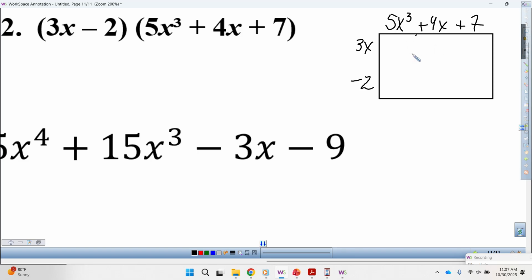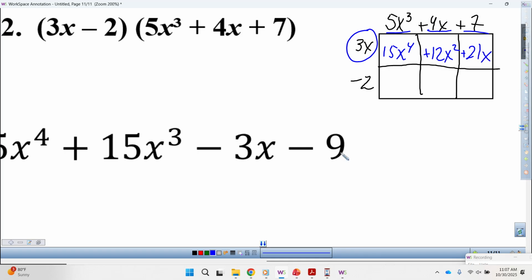So, a line through the middle like that. Okay. So, 3x times 5x cubed. 3x times 4x. And 3x times 7. All right. Negative 2 times all of these.